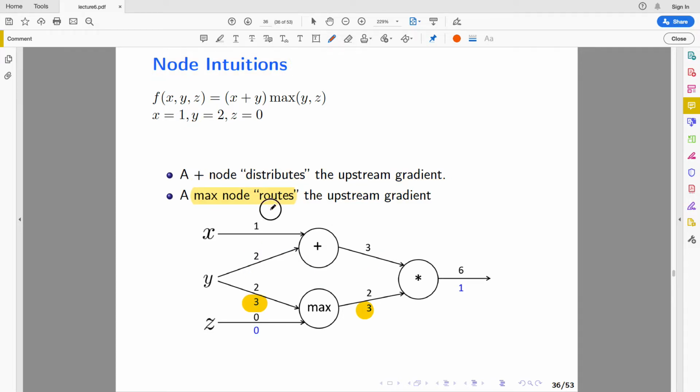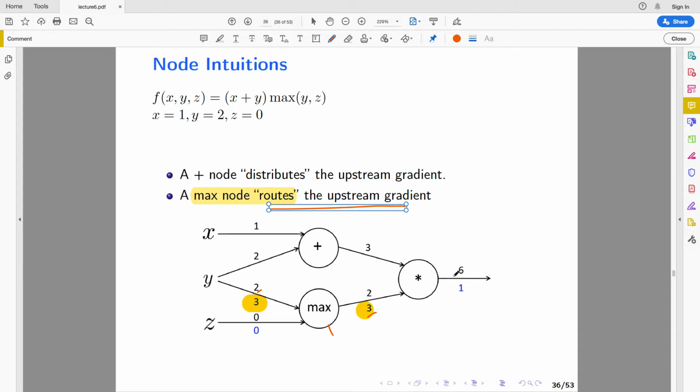The max node routes the upstream gradient. Now here, this is the max node. What it does is that we have 3 here. It routes the upstream gradient, that is, it routes this 3 to the input that actually has the highest value. So here, the original inputs are 2 and 0.